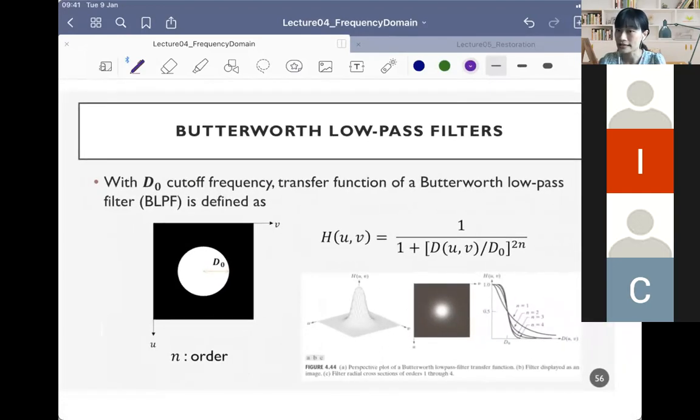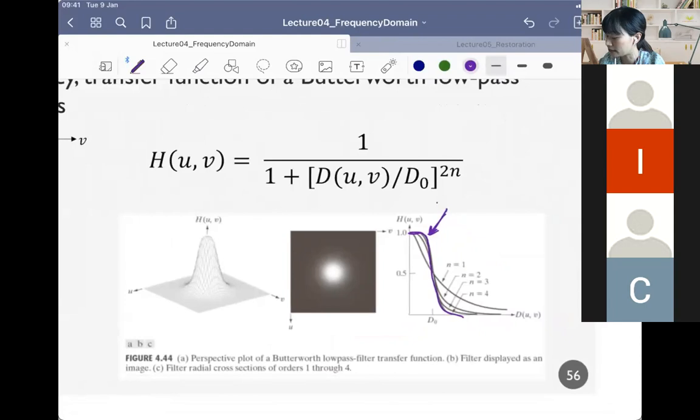So let's take a look at another low pass filter, called the Butterworth low pass filter. The Butterworth low pass filter is actually trying to model the ideal low pass filter, but with a smoother transition from the high value of the passing frequency to the stopping frequency.